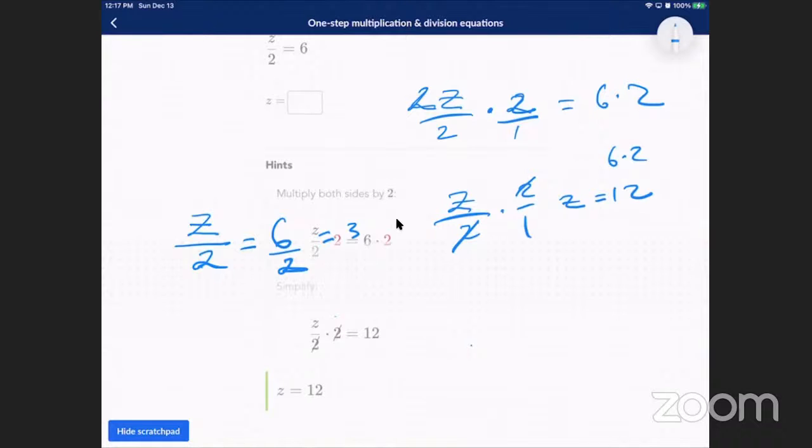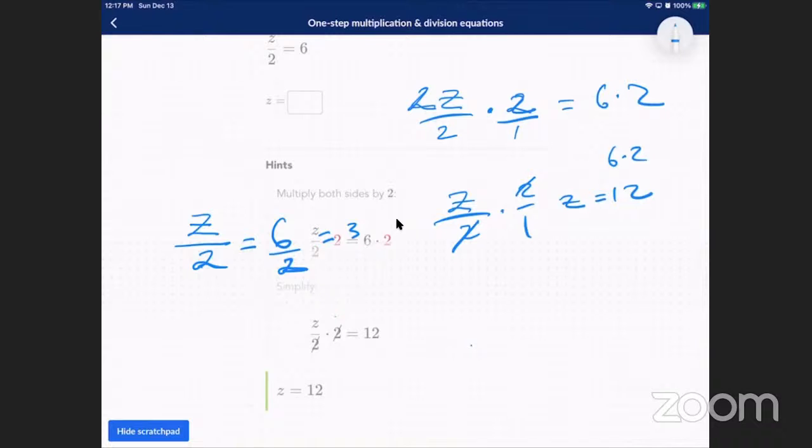Okay, so we have 6 equals k over 9. First we will say 9 over here, and 9 over here.